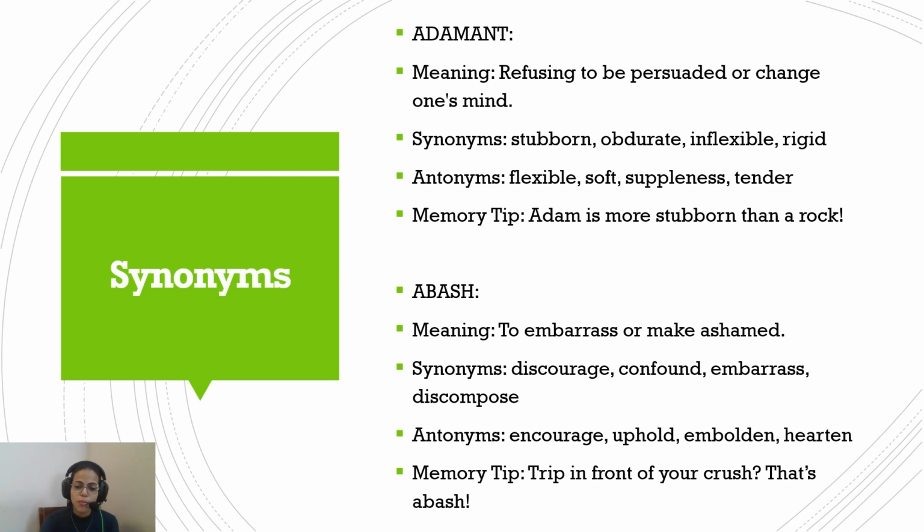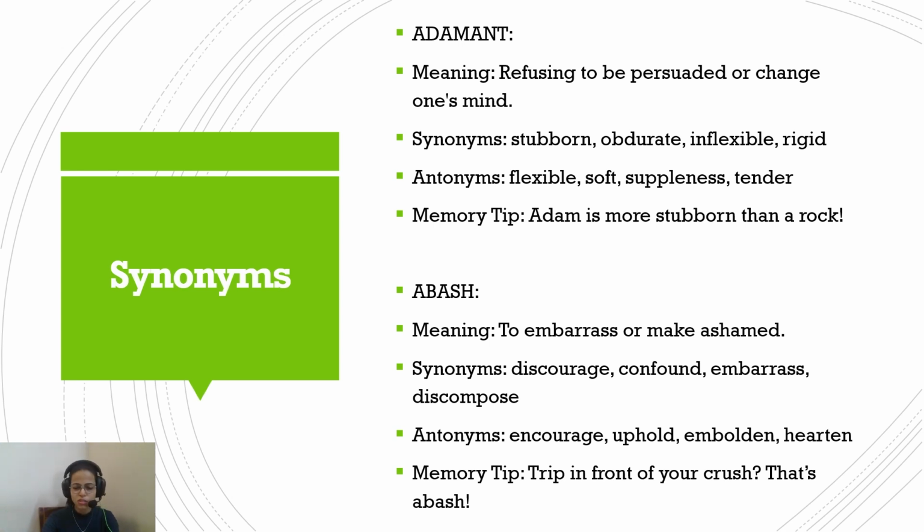The next word is abash, meaning to embarrass or to be ashamed. The synonyms would be discouraged, embarrassed, confounded, decomposed. So I was abashed, or her unabashed approach, that means she was very boldly following it. Now, what was the word we learned that meant bold? Just try to recall. I'm also trying to recall.